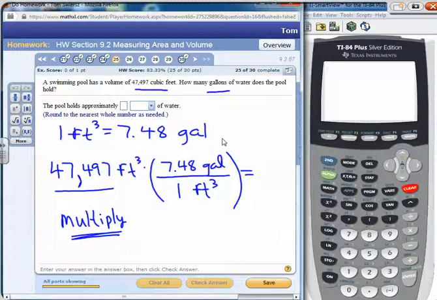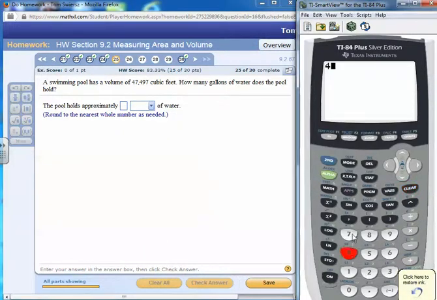Okay, and then we're going to round to the nearest whole number. All right, so do the computation on the calculator. 47,497 times 7.48 for 7.48 gallons in a cubic foot. Okay, round to the nearest whole number.